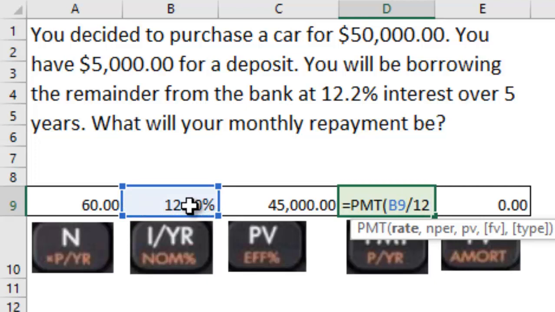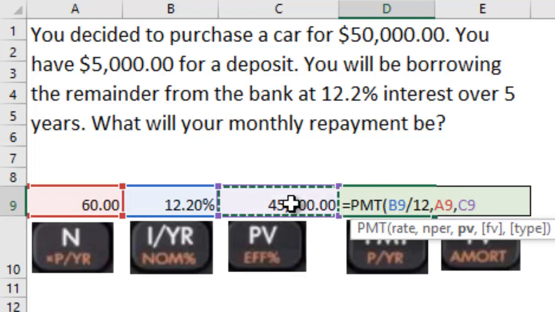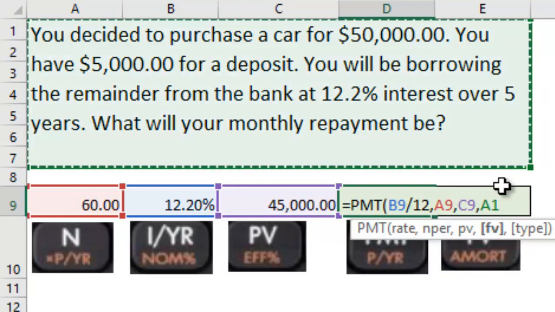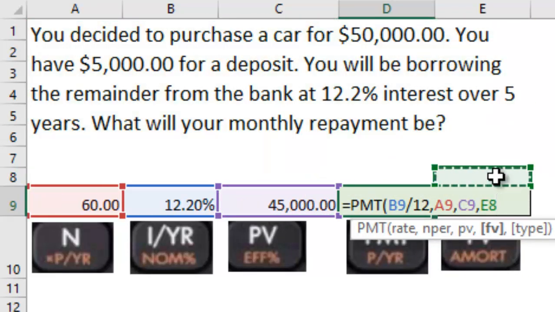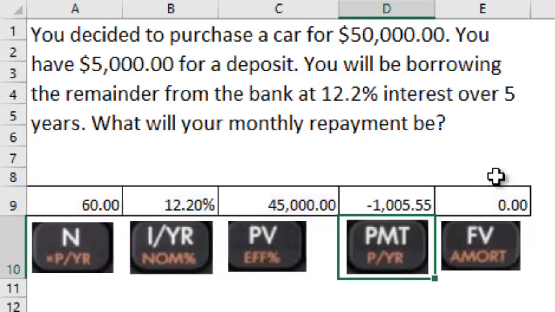Because we are doing the interest rate per period, comma, number of periods, 60, present value, 45,000, future value, we can't seem to access it, so let's just click above it and come down. Or you could just type E9, close brackets, and equal minus 1005.55.